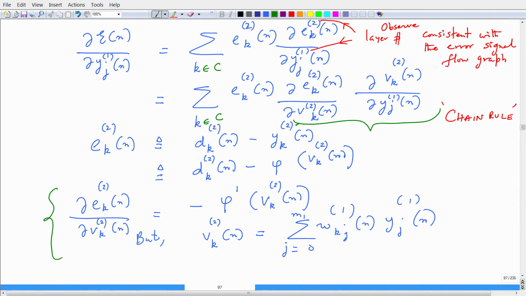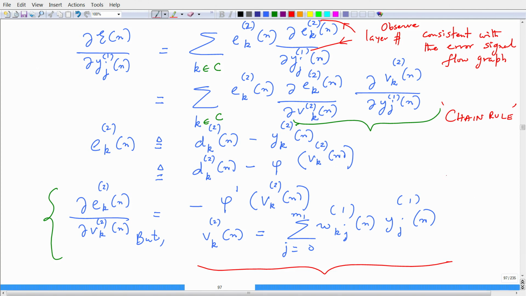This is the negative derivative of the activation function evaluated at node k, right. This is the local reception field. This is straightforward, but Vk(n) is this. Now if you take the partial of Vk(n) with respect to Yj, you land up with Wkj(n) in layer 1, right. This is straightforward.